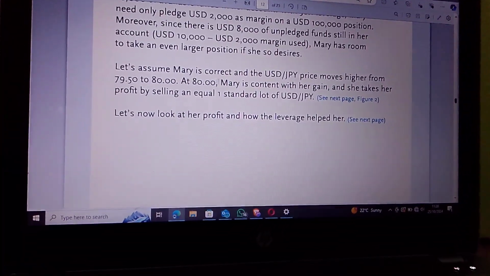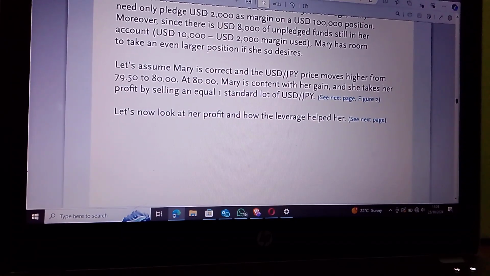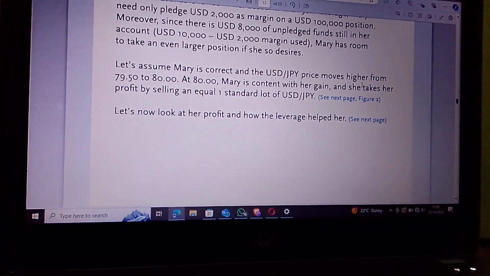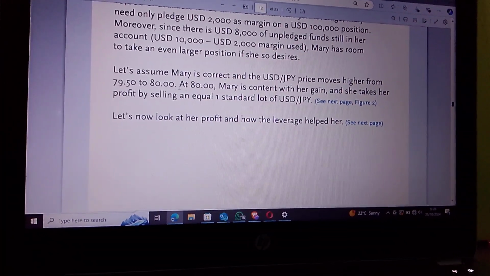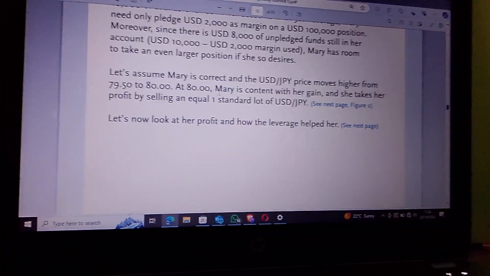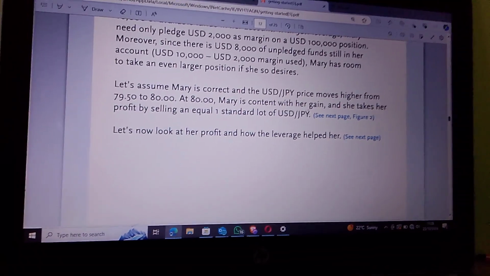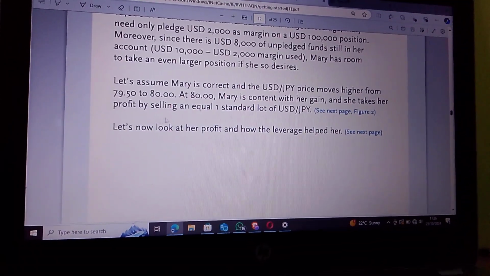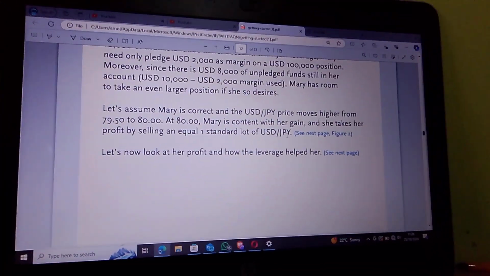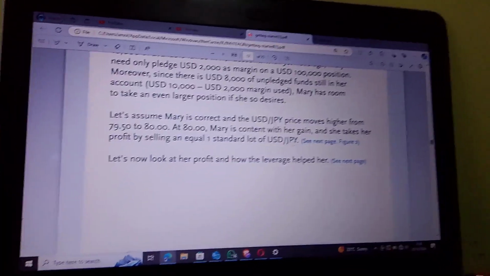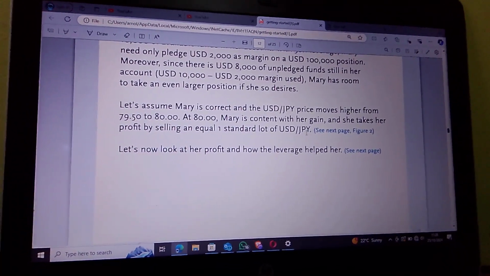Let's assume Mary is correct, and the USD JPY price moves higher from 79.50 to 80.00. So at 80.00, Mary is content with her gain and she takes her profit by selling an equal one standard lot of USD JPY.